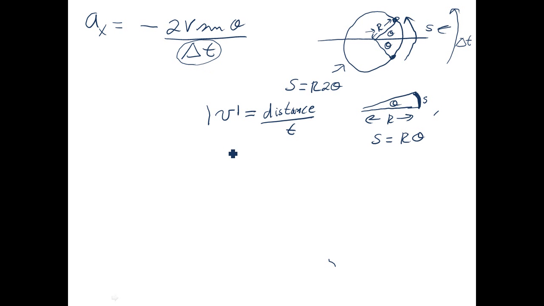So we can actually write the magnitude of the velocity, which is the speed. The distance is this s over that time, which is, let's call it 2r theta, just rearranged, all over delta t.